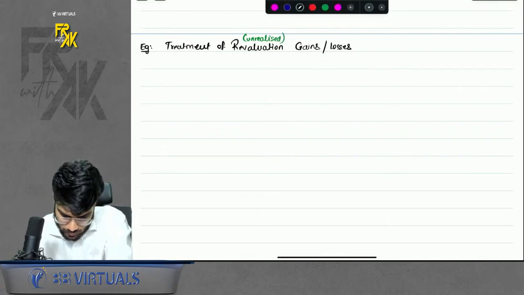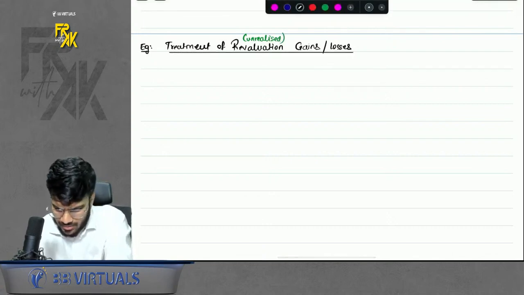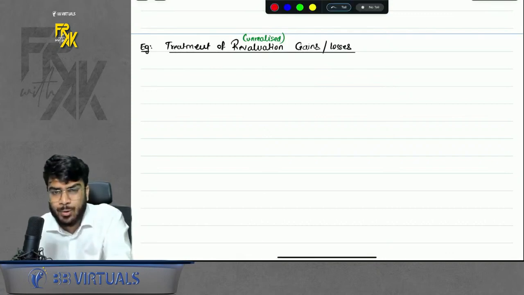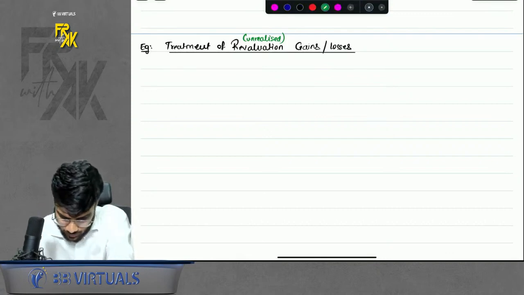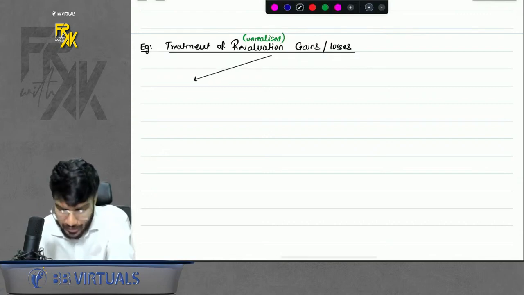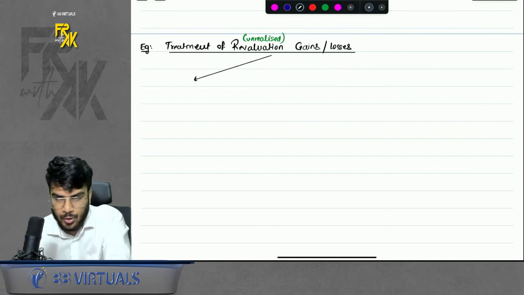Now, what is the treatment? Sir, it is so simple. It will be transferred to OCI. No, not in all cases. Just try to understand this point. First you have to check whether you are doing the revaluation for the first time or not. So this can be bifurcated into two parts.